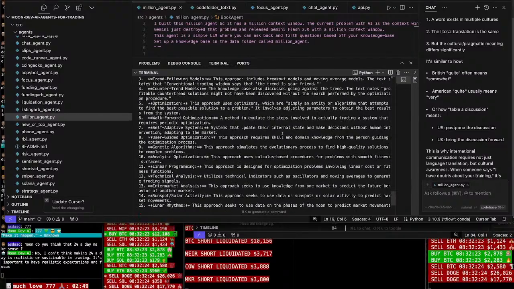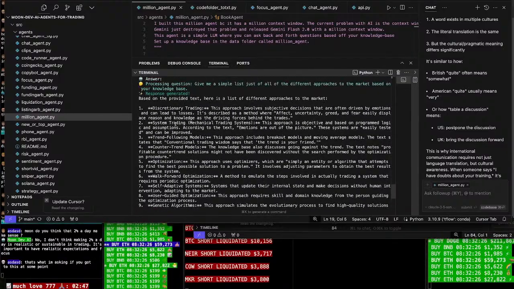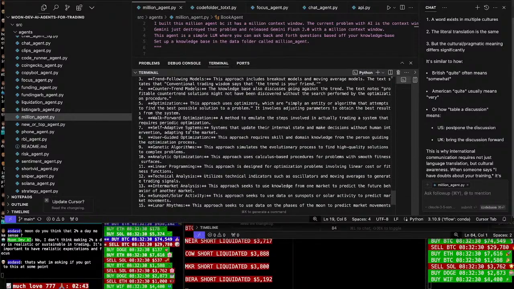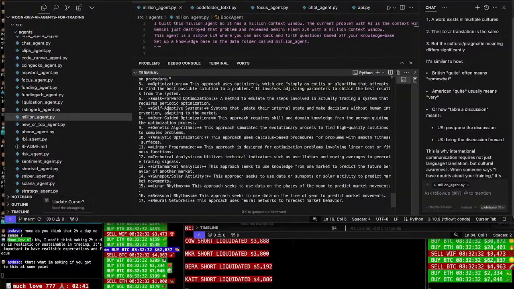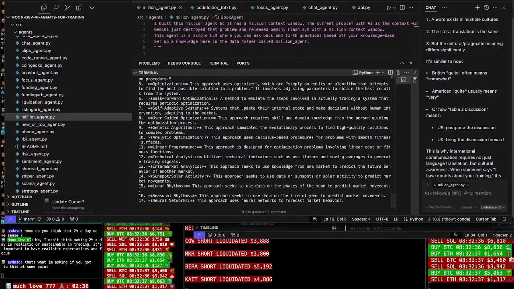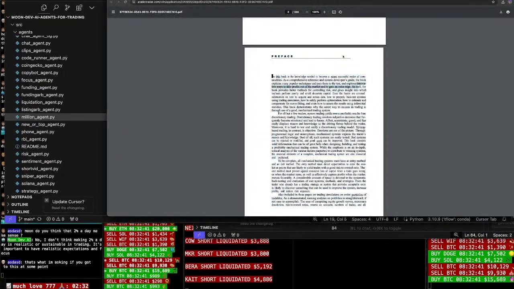My AI said: discretionary trading, system trading, trend following, counter trend, optimization, walk forward optimization, self-adaptive, genetic algorithms. This is actually a great encyclopedia, dude. I'm gonna save this one.